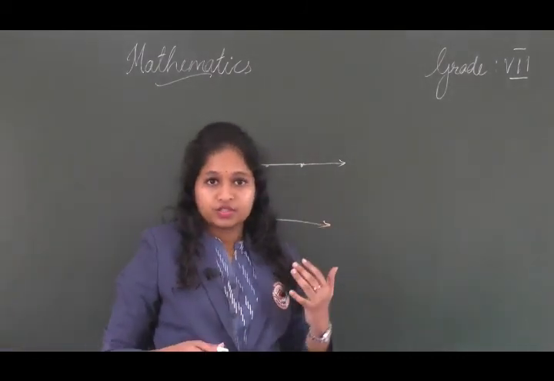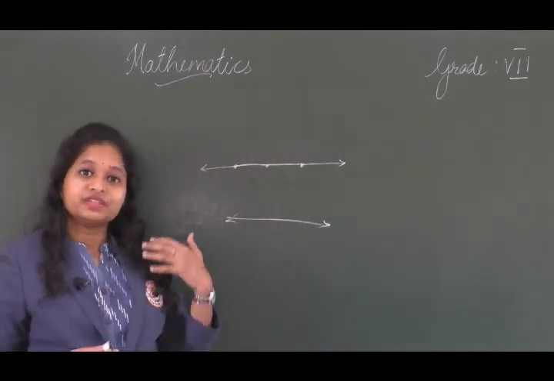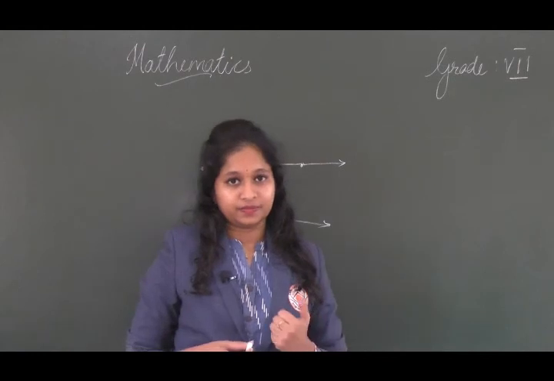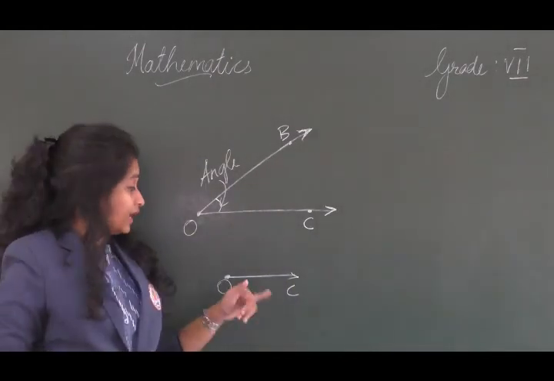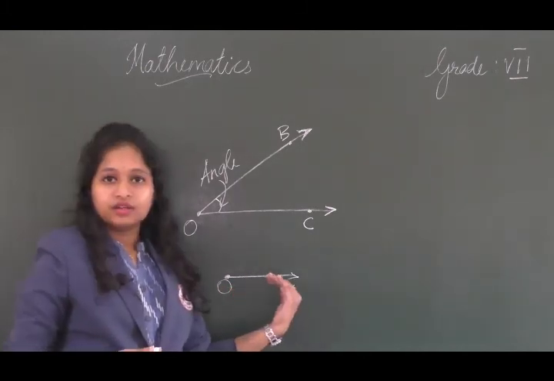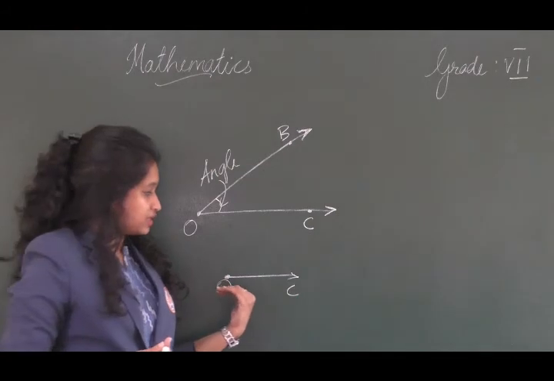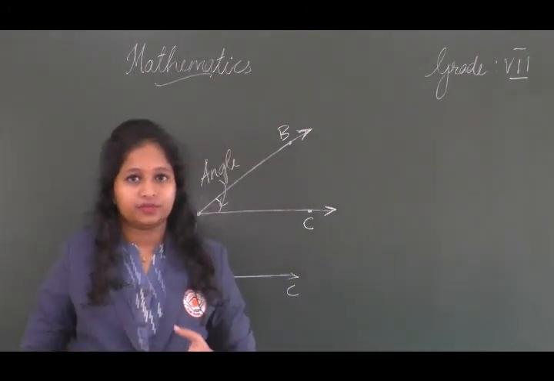So we learned about point, a line segment and a line. So what about rays? A ray has one endpoint and it is extending as a line. So that is called a ray.